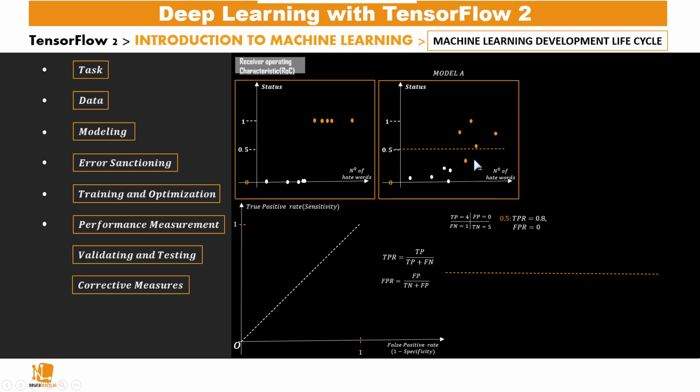Now based on this model's predictions, we have 4 true positives. We could count them: 1, 2, 3, 4, because the model predicts them as positives and they are actually positive. Now we have no false positives because there is no prediction here which is a positive when it's meant to be a negative.